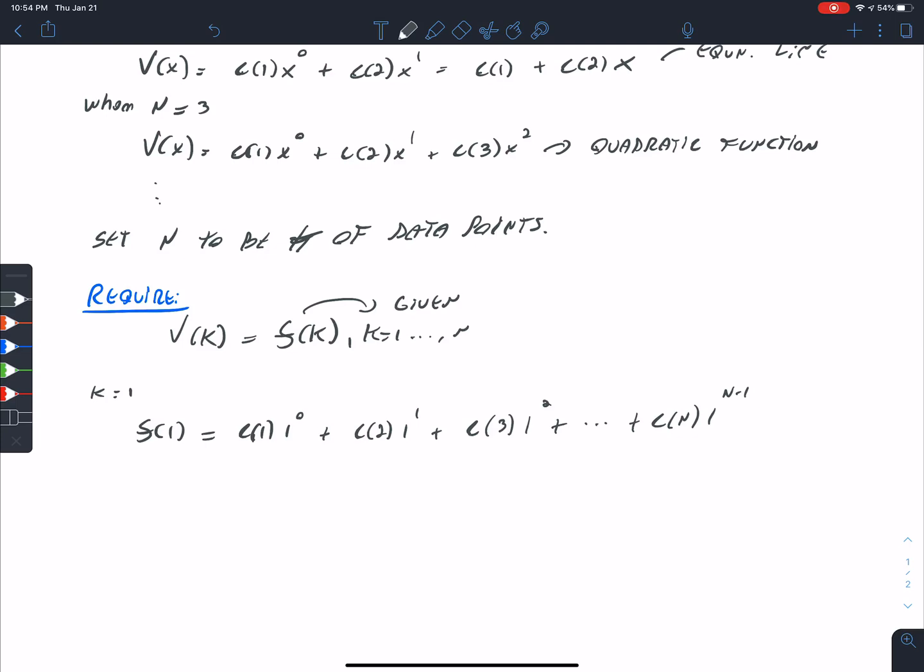Right? So that's the first equation, we evaluated f of 1. So let's do k equals 2 now.